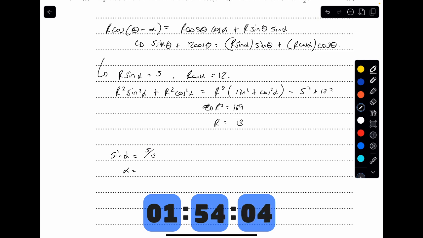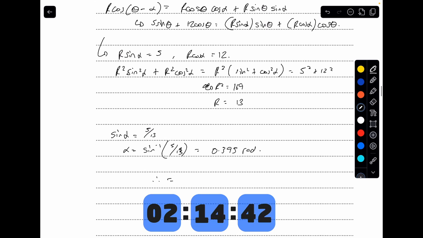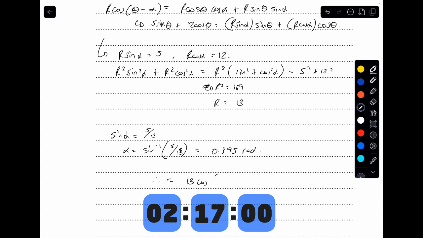Alpha then is equal to, put my calculator here, that's going to give me 0.395 radians, so therefore I can say that it equals 13 cos theta minus 0.395. Okay, and that's going to be the final answer to that question.